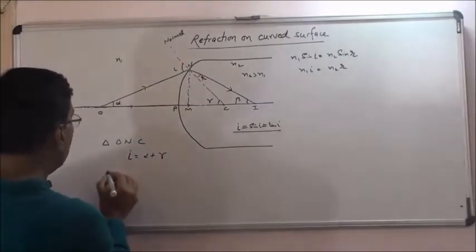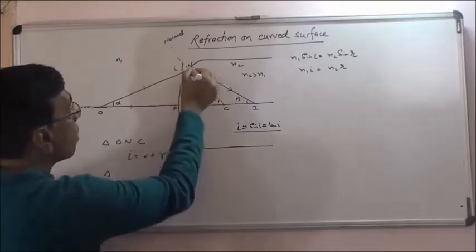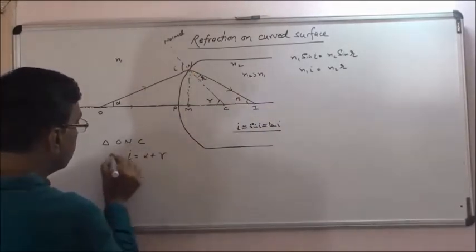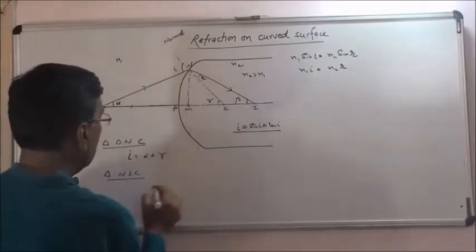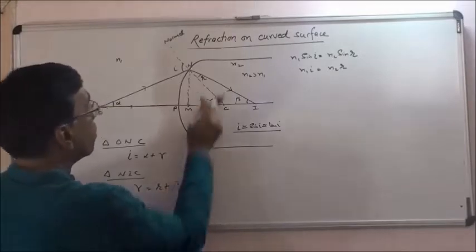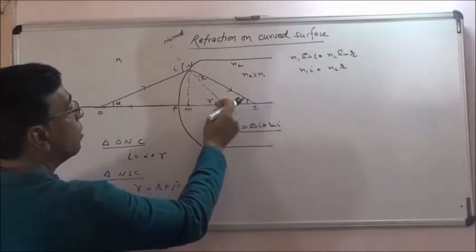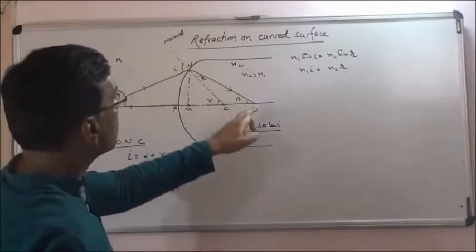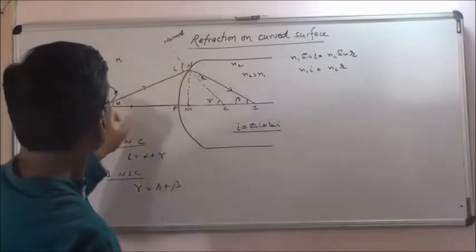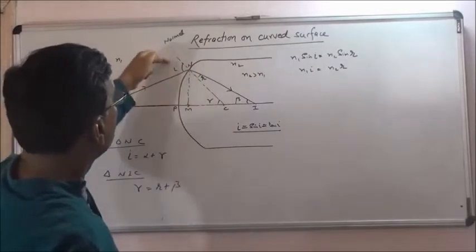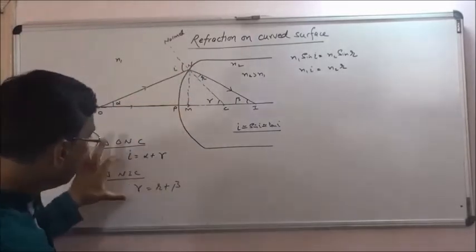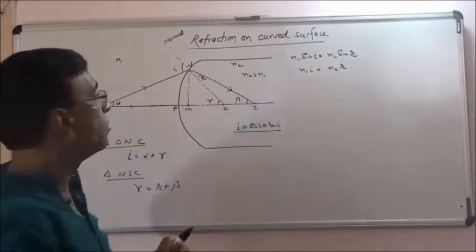And in the same way in triangle NIC, gamma is equal to R plus beta. Here also these two are interior angles, and this is the exterior angle. So in this triangle, gamma is the exterior angle, equal to R plus beta, and in this triangle, I is exterior, equal to alpha plus gamma. I will be using these two here.